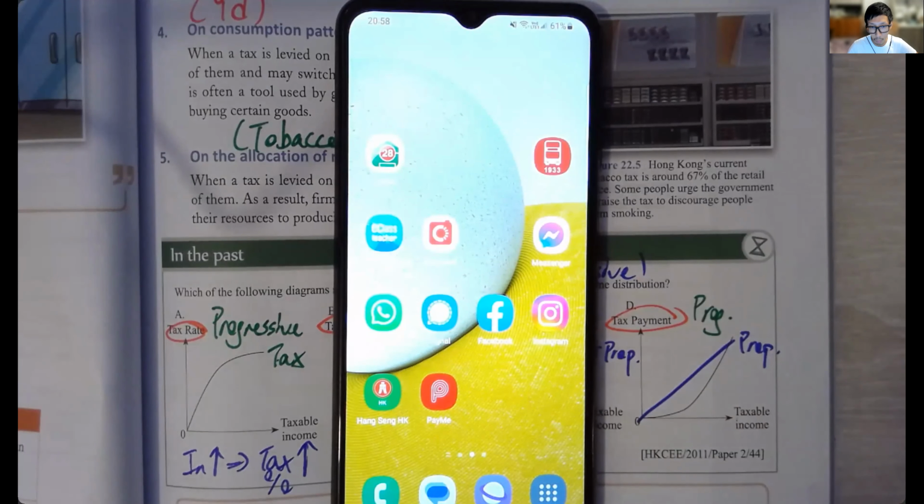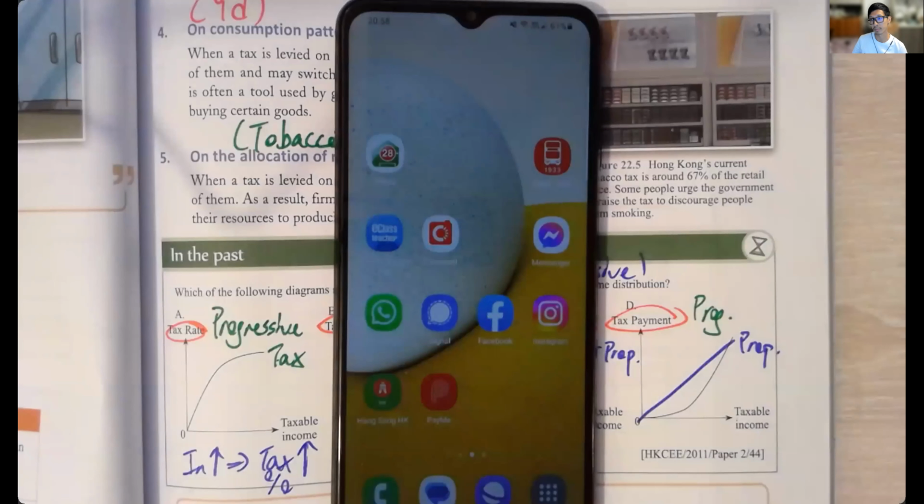Remember, we have already looked at the graphs. We just saw, it keeps rising or keeps dropping. It can be either way, it's not about rising and dropping, it's about the percentage. But here you're talking about tax payment. Therefore, it can be progressive, proportional, or regressive.